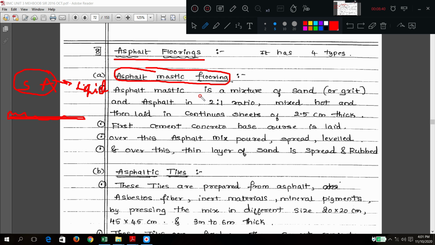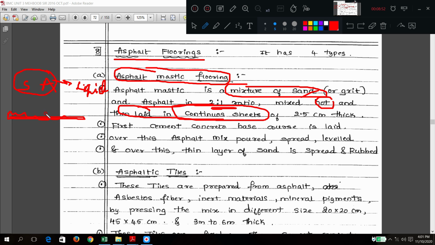Asphalt and sand, when they are mixed in the ratio 2:1 in a hot condition, and then laid in a continuous sheet over what? Over the concrete base course. I will not repeat what is base course.